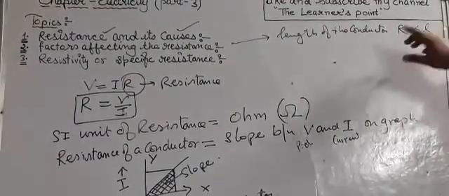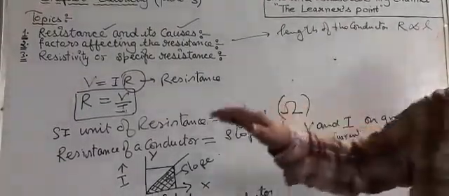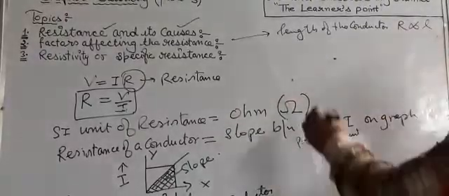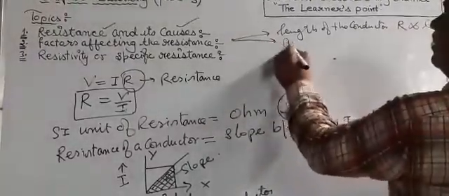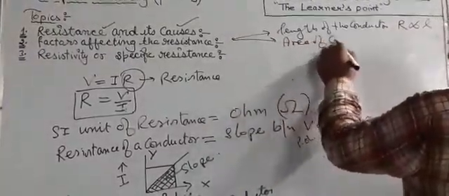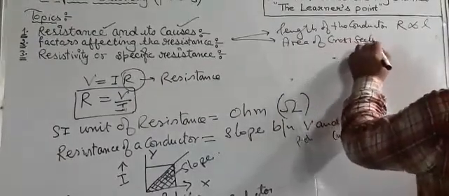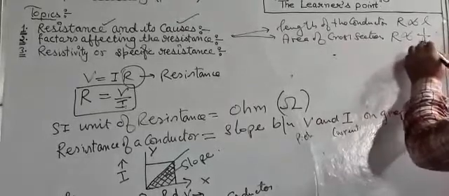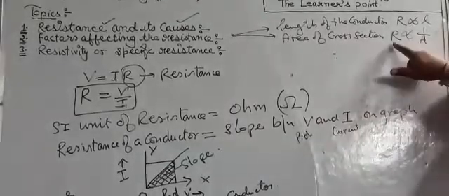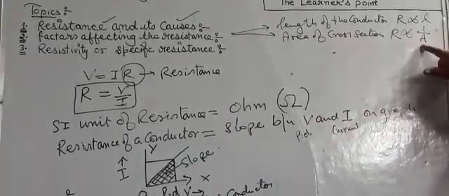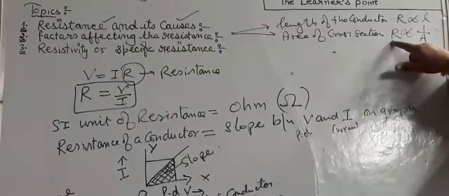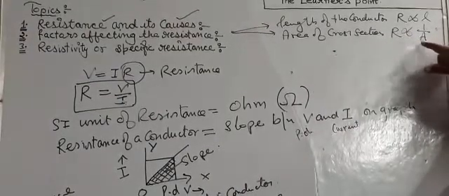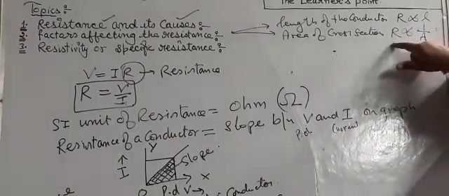That means the more the length, the more will be the resistance. Second factor is area of cross section. Resistance is inversely proportional to the area. If the area is more, the resistance will be lesser. If the area is less, the resistance will be more.